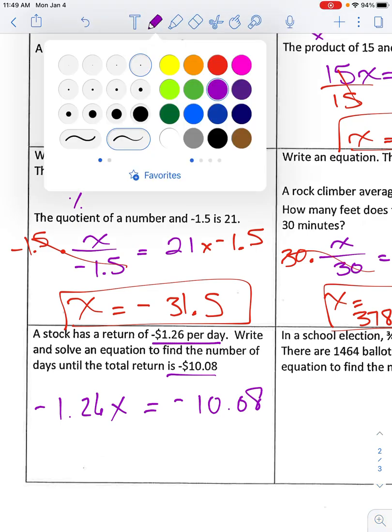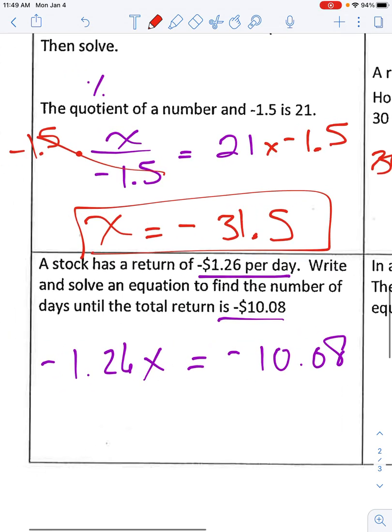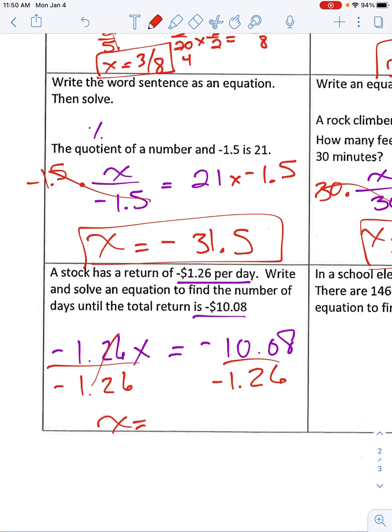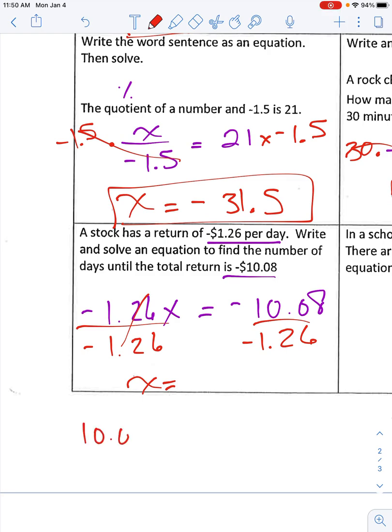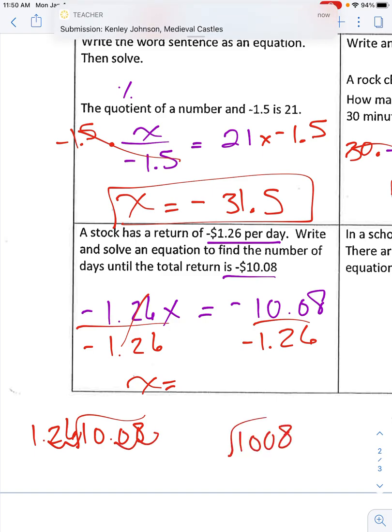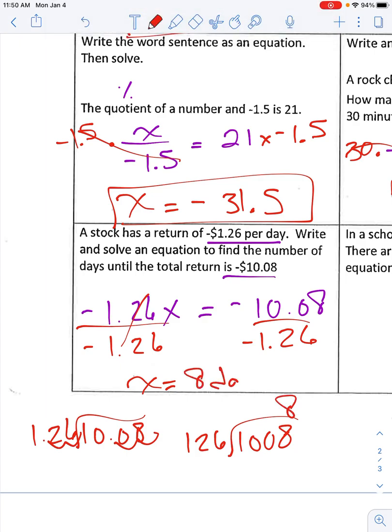So we're multiplying. To find x, we'll do the inverse. We'll divide both sides by a -1.26. Remember, a negative divided by a negative is a positive. And when you do 10.08 divided by 1.26, you have to move it twice. So we have 1,008 divided by 126, and it comes out evenly to be 8 days.